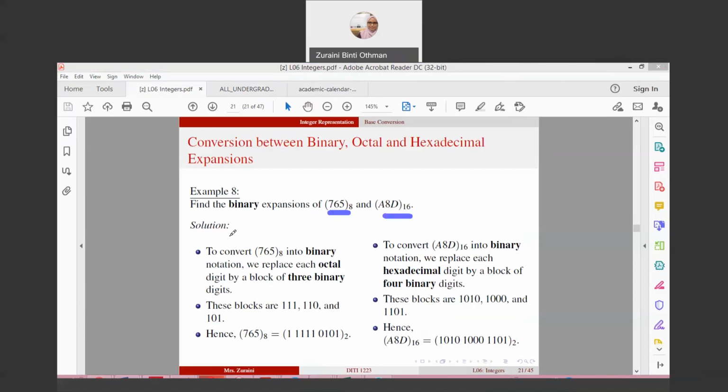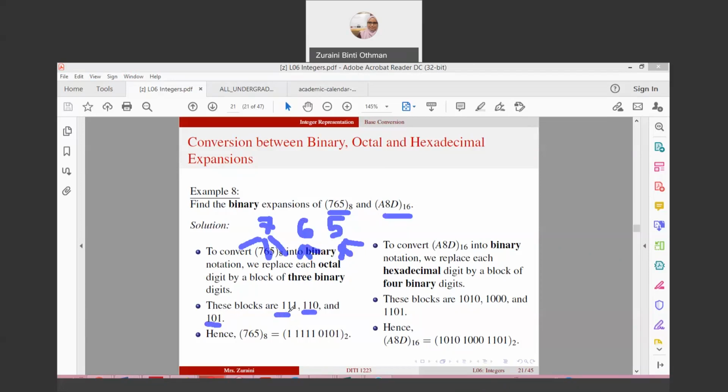We have to do it like this for 7, 6 and 5. We have to put each into 3 places, 3 binary digits. There must be 3. So, for 5, 5 is 101. Why 101? It is 2 to the power of 0 plus 2 to the power of 2. So, 4 plus 1 is 5. So, this is the value for 5. And 6 is 110. And 7 is 111.